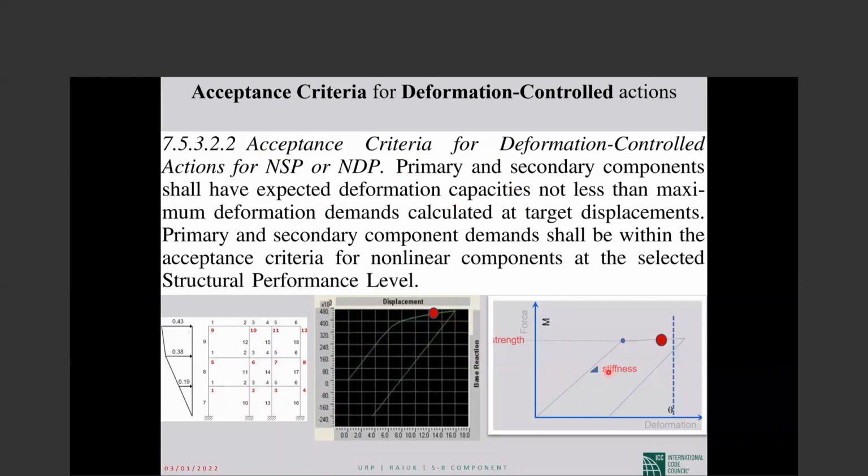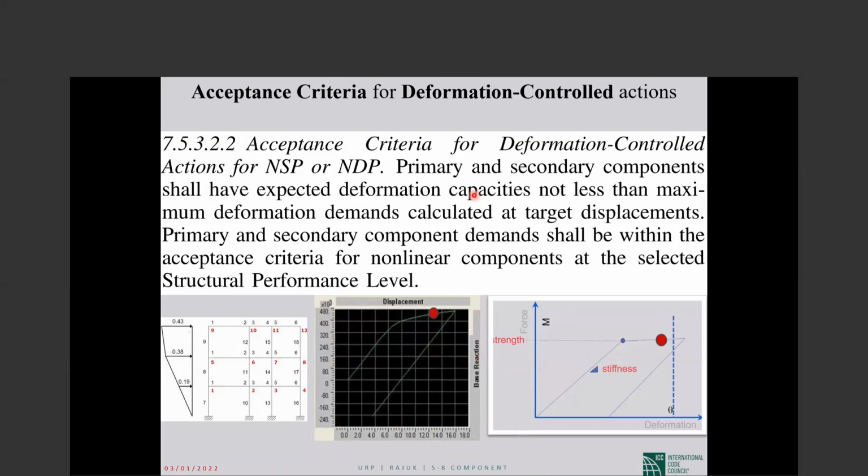So we push the building. This is the building in general. At this point, target displacement, which is the top displacement of the building. The horizontal axis here is top displacement. The vertical axis is the base shear of the whole building. But in each deformation control element, the software gives how much the deformation is.